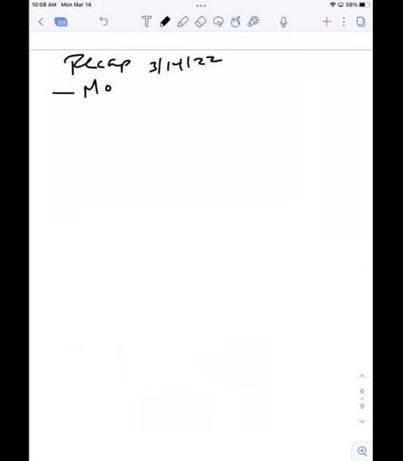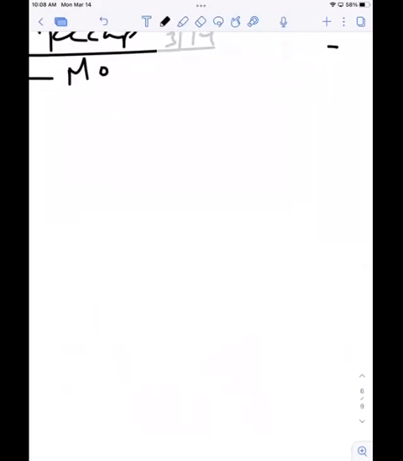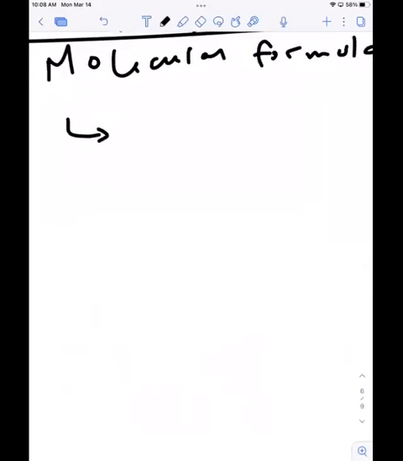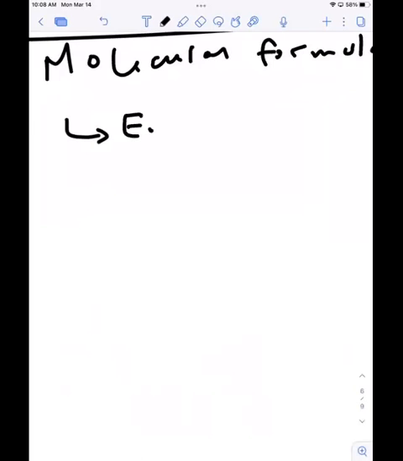We've talked about molecular formula, and this is just a recap. I talked about molecular formula, and with that, we talked about empirical formula and formula units.